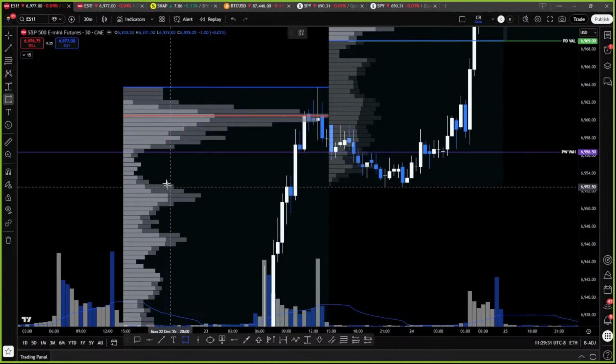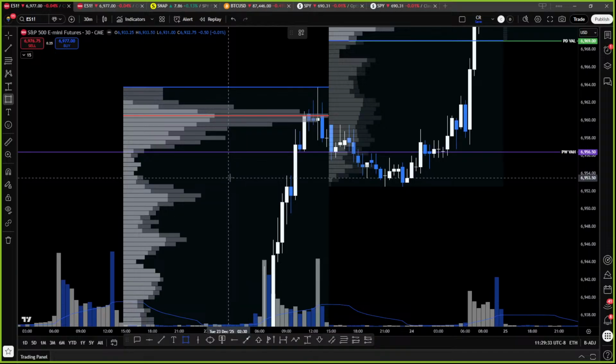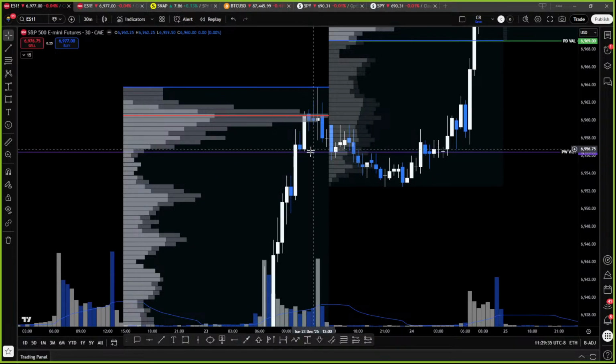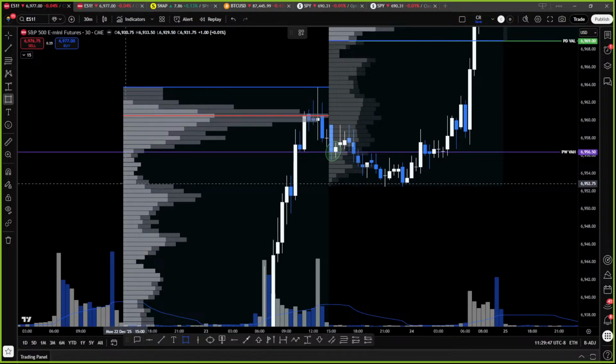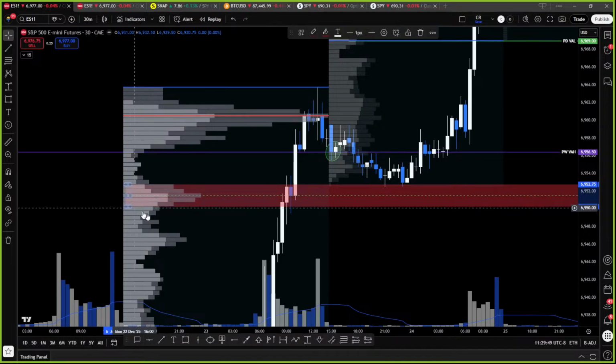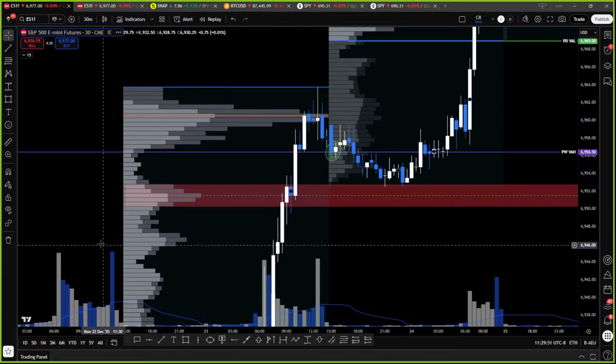But so yeah, if this is my entry based on volume profile, right? And then below this, I have another support area, which is right here, right? And then I have another low volume node.